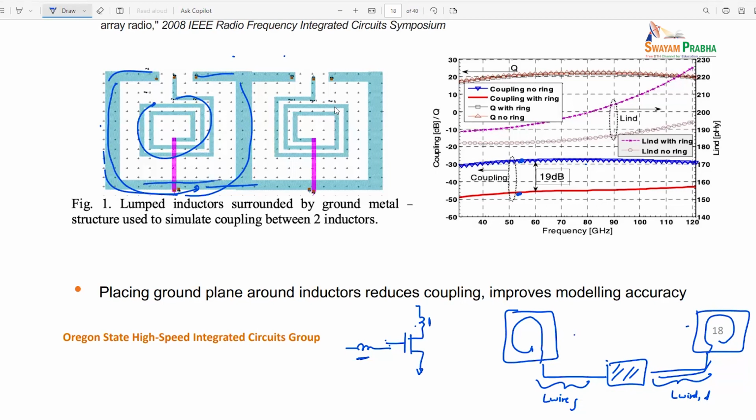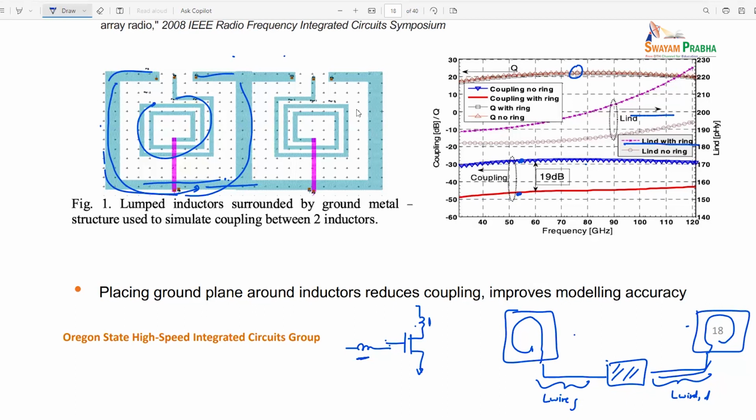So this is a very commonly used and good practice to do, where you surround your inductor with a ground plane in order to get better isolation. So these days showed that the Q doesn't hurt very much, right? But you can see, for example, in their case, they are seeing that this is their L, right?